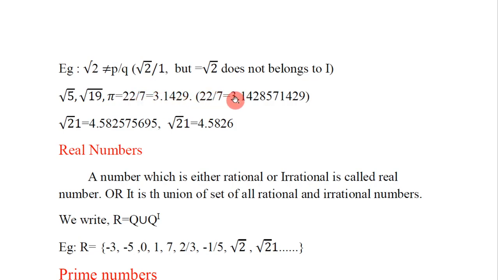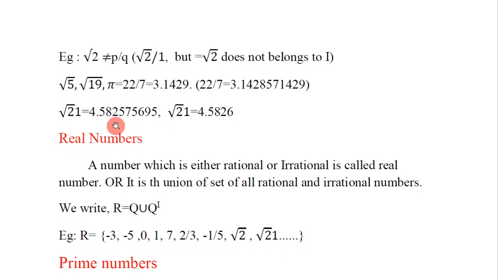So its value is 3.1428571 and so on. The digits continue, and for calculation purposes we approximately write it like this, or approximately equal to 22 by 7. So actually it is not a rational number, and pi is an irrational number. Similarly, the value of square root of 21 is 4.58 something, etc. So root 21 is also an irrational number.